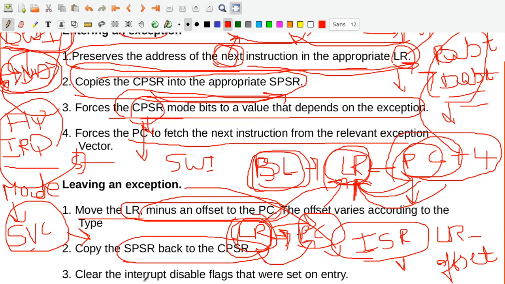Okay. Now, clear the interrupt disable flags that we set on entry. Of course it is not written here, kindly make a note. Let me write it here.